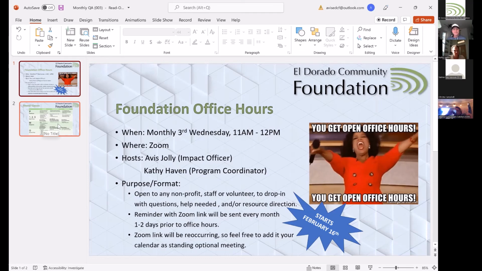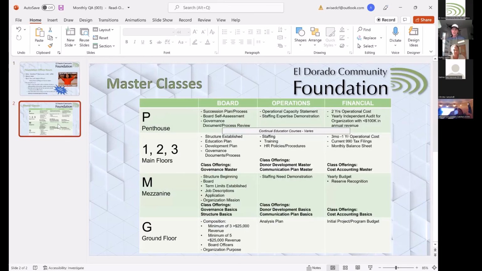And then the last little tidbit for today is those master classes. I think we're all kind of swimming, even at the foundation. But in the future, and I'm not going to commit to exactly when, we will be offering master classes in the areas of governance, donor development, communications, and cost accounting. Those will dig deeper. They probably will not be given by us.